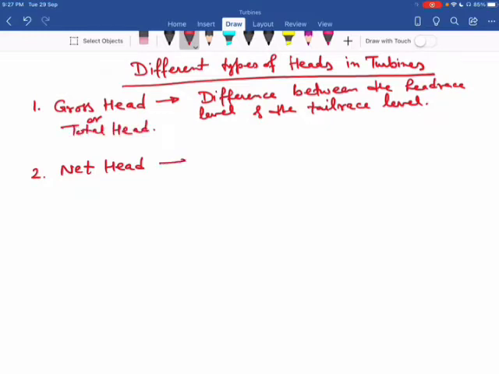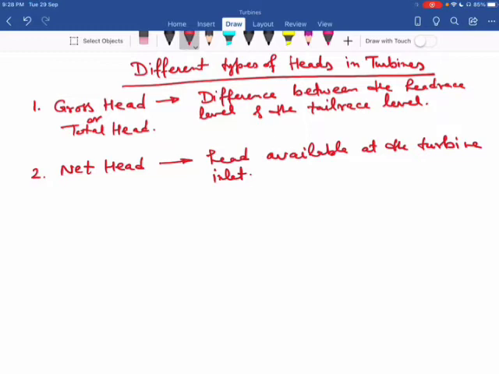Okay, then the net head is the head available at the turbine inlet. Okay, so you can say this is less than that of the gross head by an amount equal to some friction losses in the flow passage, or the height from the tail race to the turbine inlet.